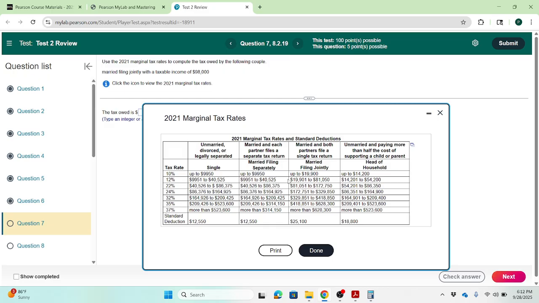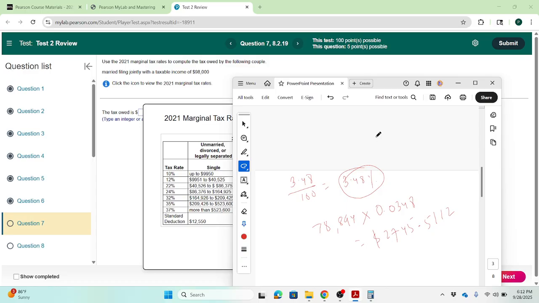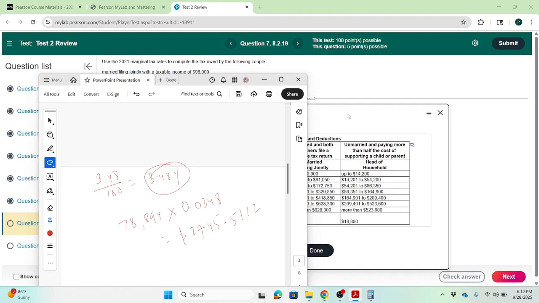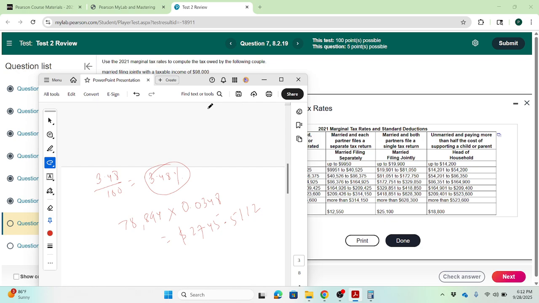So in this column, up to 19,900 the tax rate is 10%, and then in between here the tax rate is 12%, and for the leftover, the rate is 22%. First of all, you need to find out how much tax they need to pay from each bracket.